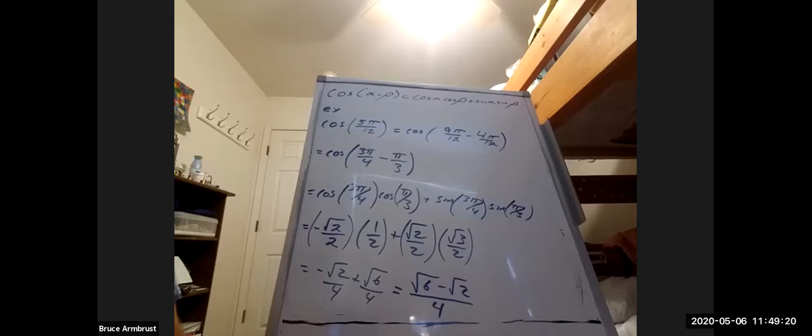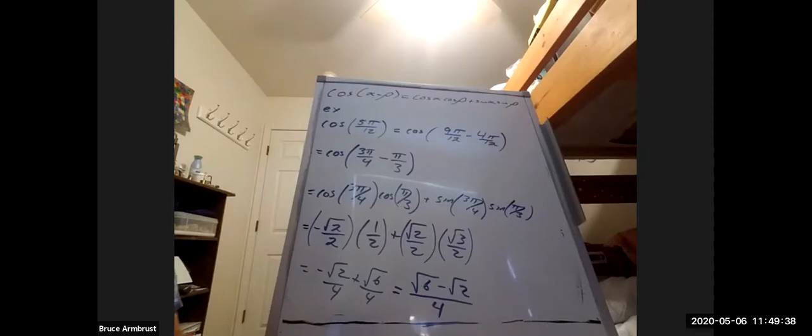Because we have this difference of angles identity, we're now able to find the exact values for other angles that are not on our list. In fact, now you're good for any multiple over 12.